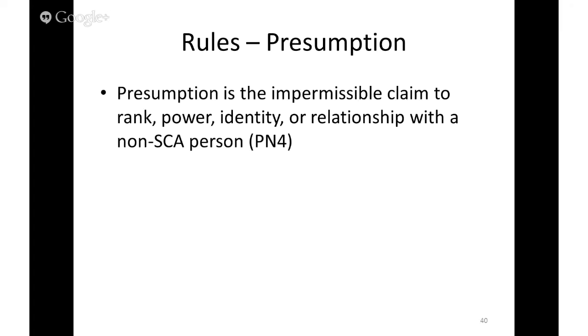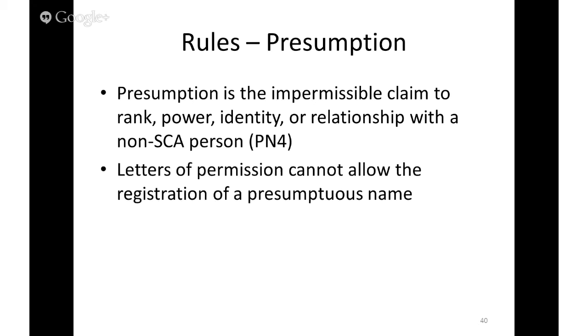Presumption is the impermissible claim to rank, power, identity, or relationship with a non-SCA person. So first off, a letter of permission to conflict cannot solve a presumption. So if my SCA name is Yehuda ben Moshe, and you want to register something very close to it and it's a conflict, you can ask me for a letter saying that it's okay to do so.